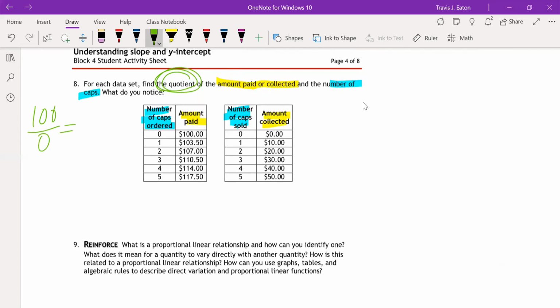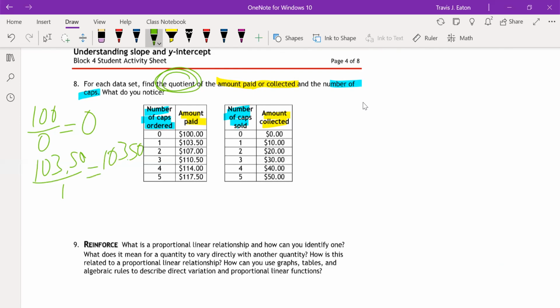Remember, the amount paid or the amount collected. 100 divided by 0. Let's see. Of course, that's 0. What did we expect it to be, right? Okay, well, let's take a look at the next one. $103.50 divided by 1. Well, we know that one, right? It's going to be $103.50.